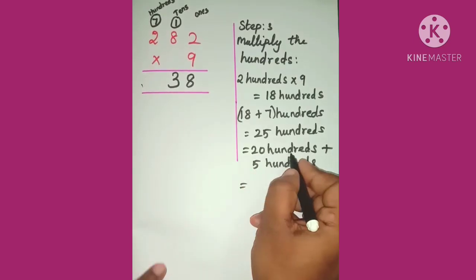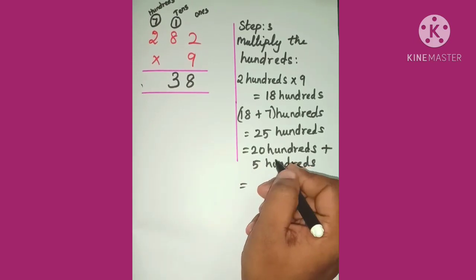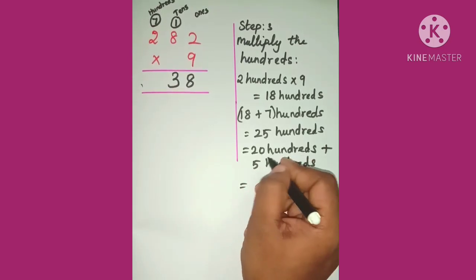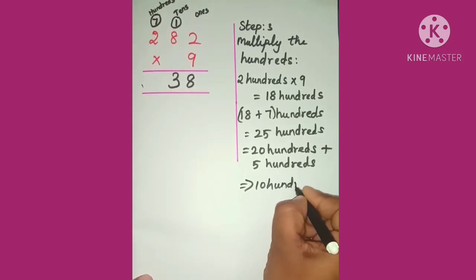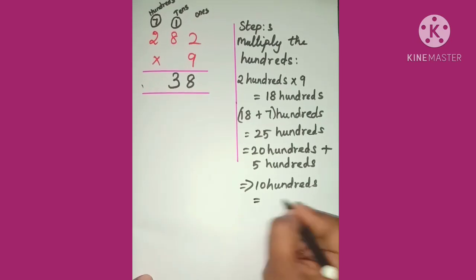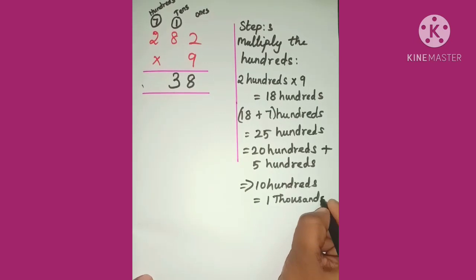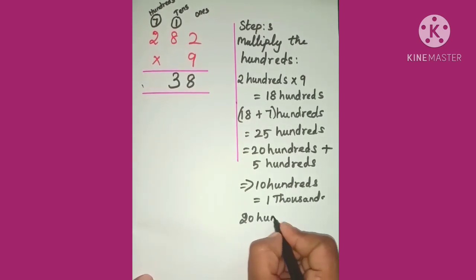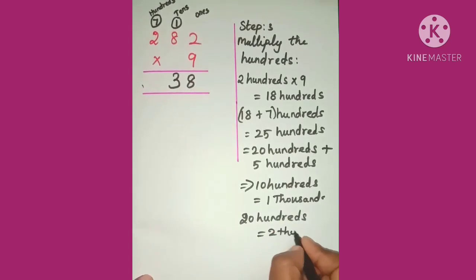But what about 20 hundreds? 10 hundreds is 1000, so 20 hundreds is equal to 2000s.